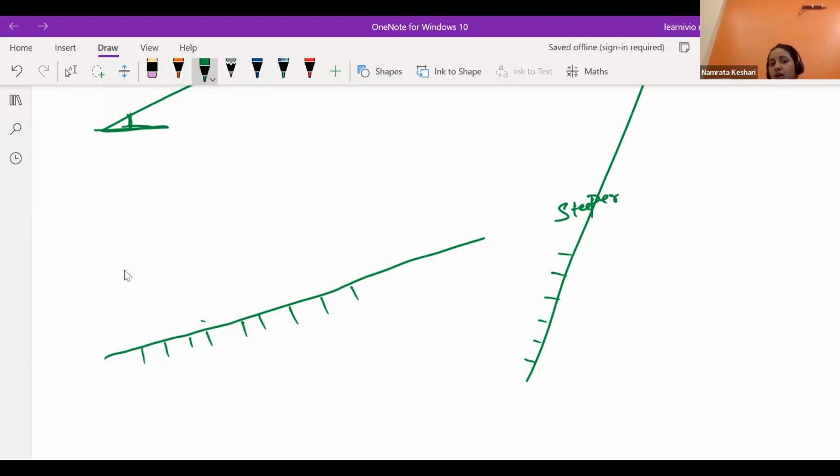And you can understand this one is quite dangerous compared to the previous one. Yes or no? If you have gone to a water park, you must have seen here the height is increasing in a uniform manner, but on the other one it is drastic, all of a sudden.